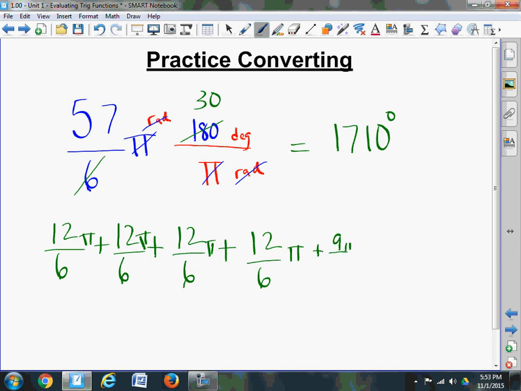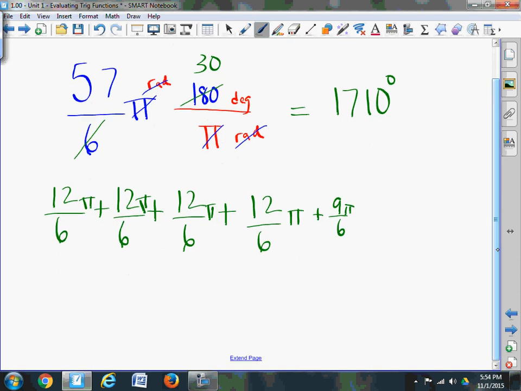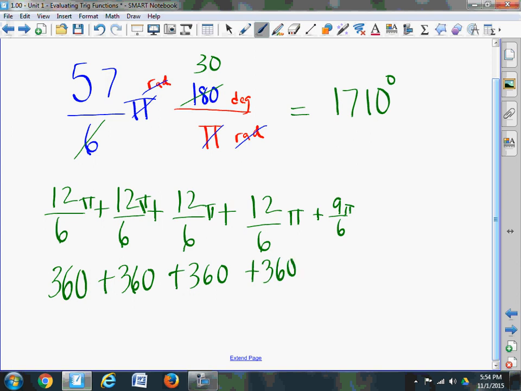And they usually mess up somewhere. I've seen them use this reasoning, and it'd be 360 plus 360 plus 360. A lot of times they just mess up, maybe they either double it or they halve it. They might make this 180 instead of 360, or they might make it 6 over 6 and go, oh, 6 goes into 57 9 times, and then they do 9 times 360 instead of 9 times 180.